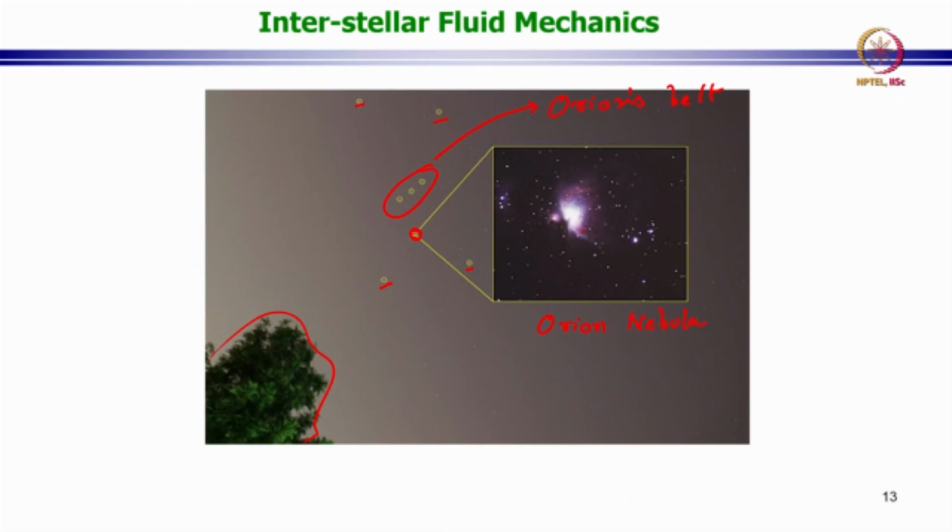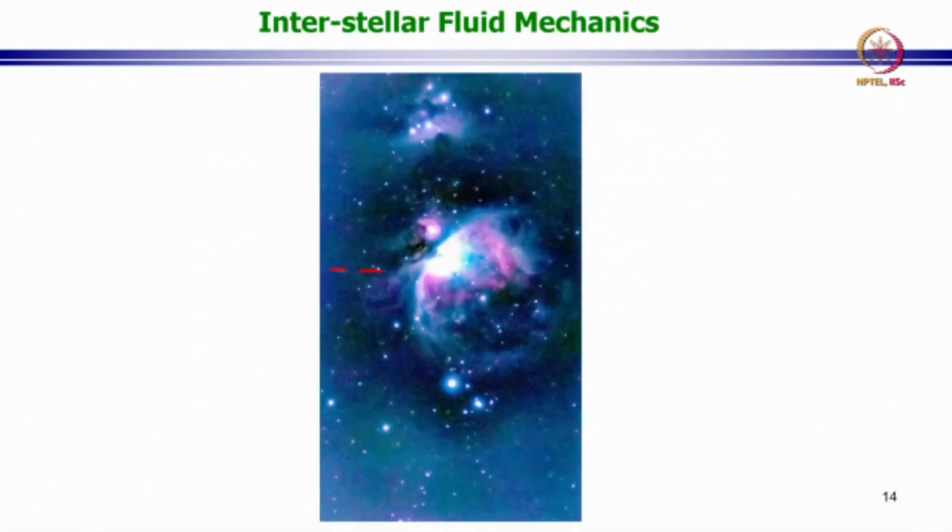And we showed you this image, which is a photograph taken by myself, by the way, from Bangalore skies. You have this beautiful nebula that you see in this yellow box, and this is a slightly bigger image of the same. Now I told you that these are gases that are flowing, so all these colors, red, blue, green, etc., that you see, these areas are hot gases that are flowing out.